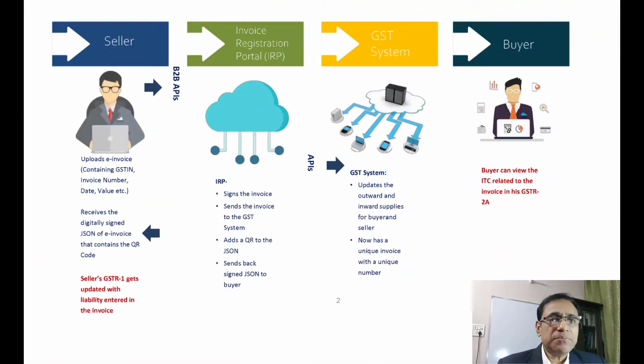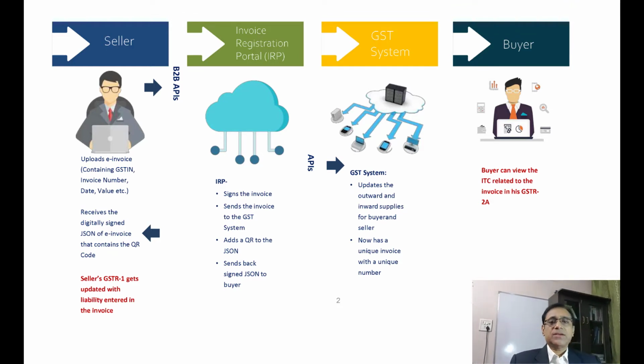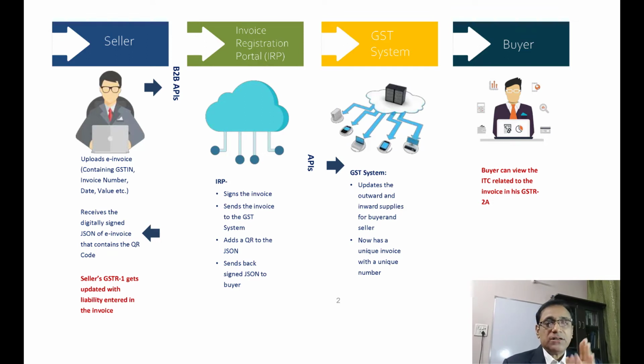Now, let us try to understand the process flow of the e-invoicing. In e-invoicing, the seller uploads the e-invoice on the Invoice Registration Portal with the value of the amount of the invoice, date, invoice number, and other details.